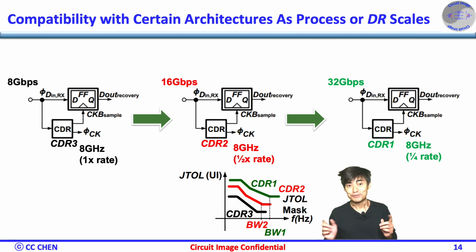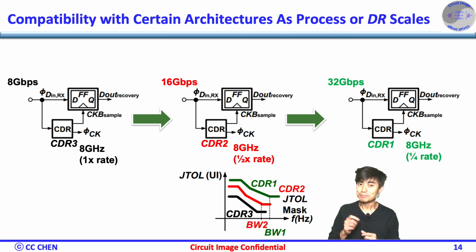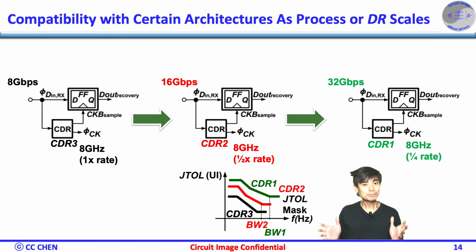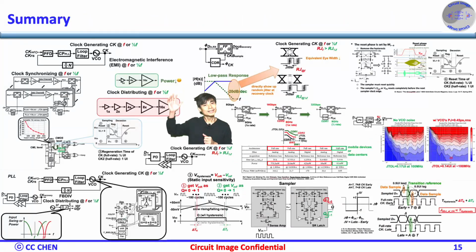Similarly, if the half-rate hits the speed limits under the available technology, we can keep scaling down to the quarter-rate or lower-rate CDR. Here is a summarized image of why you may need a half-rate over quarter-rate CDR. Again, the choice between full-rate and half-rate CDR often depends on the specific requirements and trade-offs of your target applications.